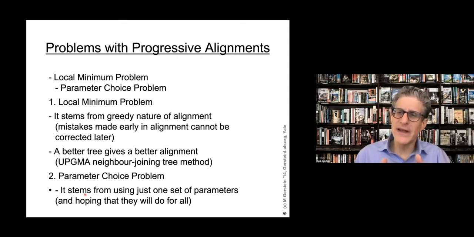You don't really know that ahead of time that well. So often you have to use the same set of parameters, like the same substitution matrix. And so this creates a global parameter choice. You can imagine a way of getting around that. But in general, the multiple alignment usually starts off with a single set of parameters for the whole bucket of sequences, even if within that bucket there might be some that are somewhat closer than others.